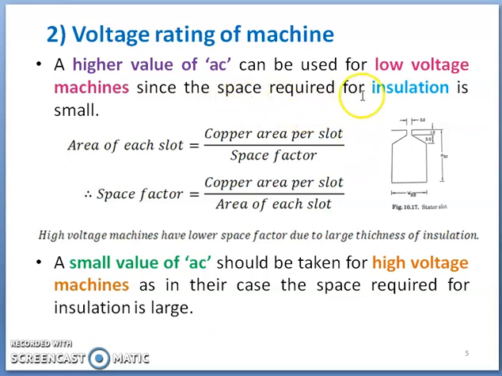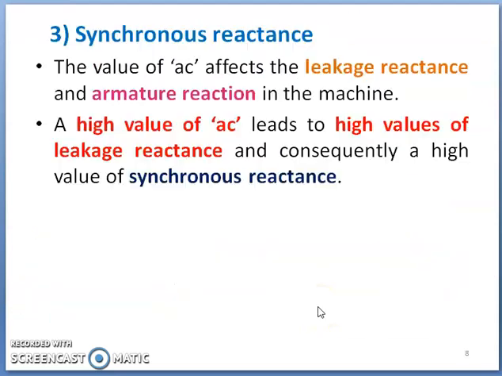Hence, space required for insulation in case of high voltage machine is more. That's why designers should choose higher value of AC for low voltage machines and lower value of AC for high voltage machines.